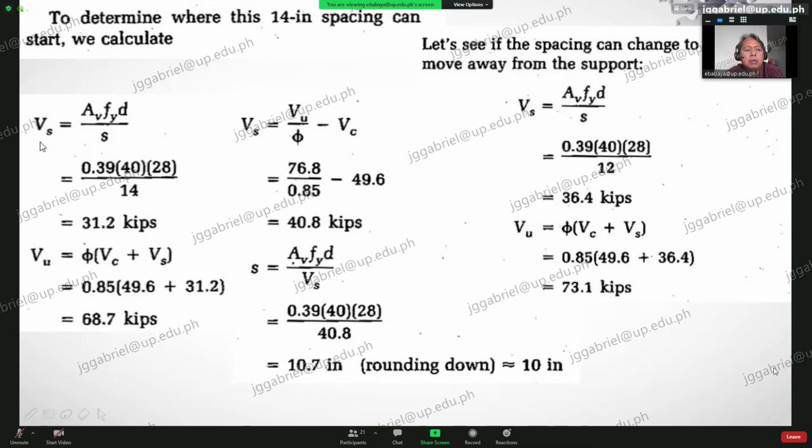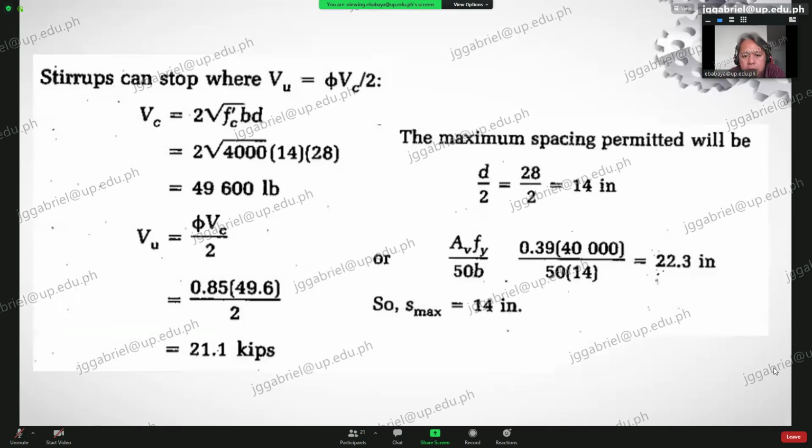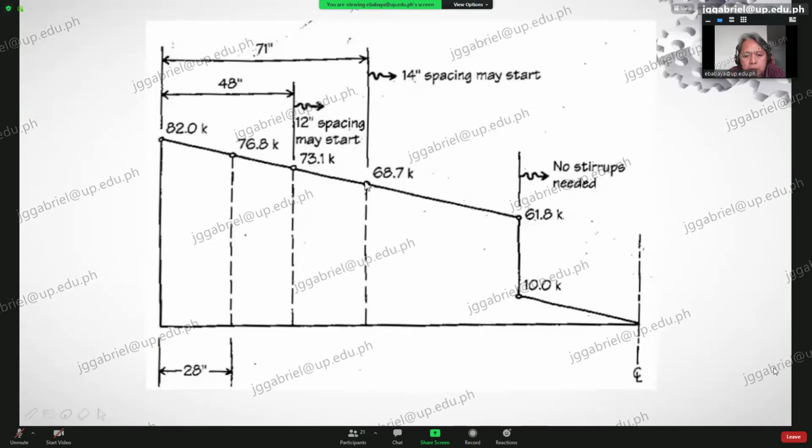Now, we know the VS, we also know VC, we can get VU. VU is equal to phi, that's 0.85, times VC, which is 49.6, plus the computed 31.2 kips. So you get 68.7 kips yung VU. Now, where is that 68.7? Let's go back to the... There. Ito yung 68.7.